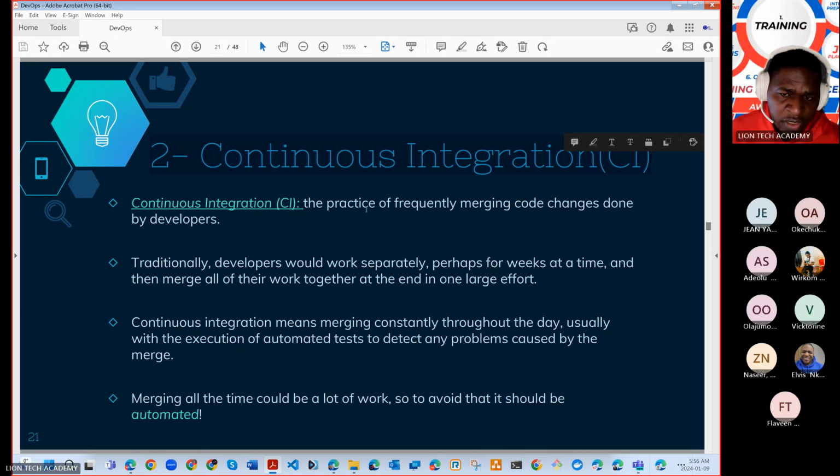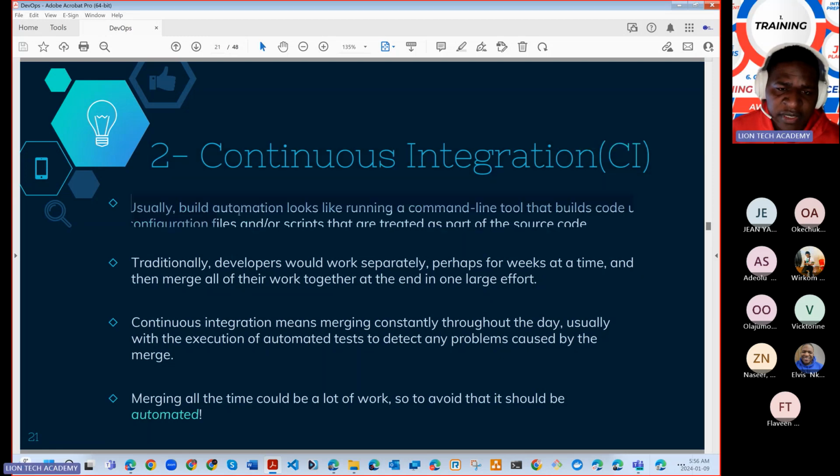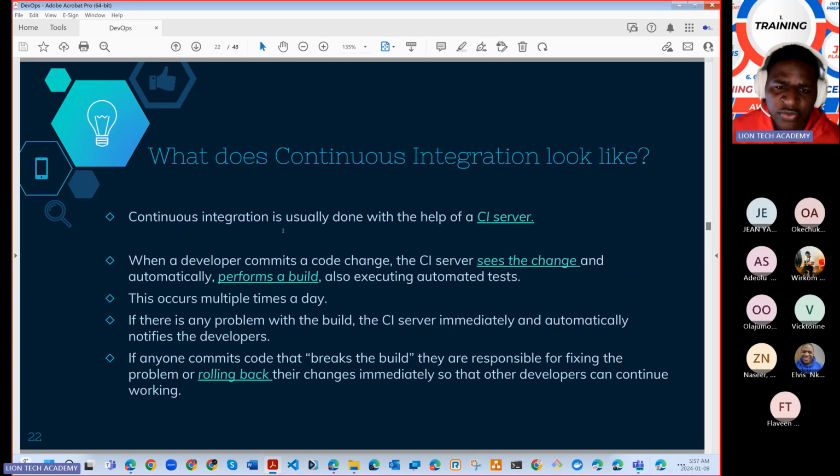So the practice of what? Frequently merging code changes done by developers. See that? So again, who is going to set up the system? DevOps. It's our job, it's our business to set up this continuous integration system so that our developers can easily run their code without any issues.